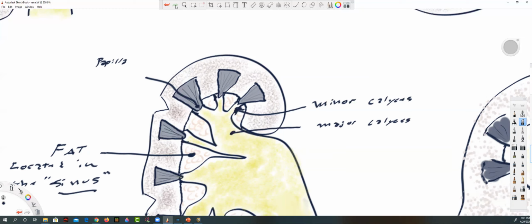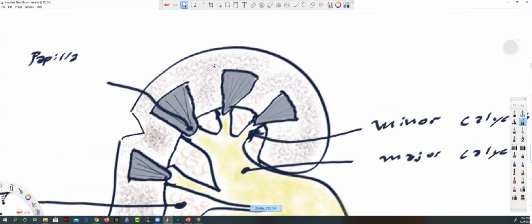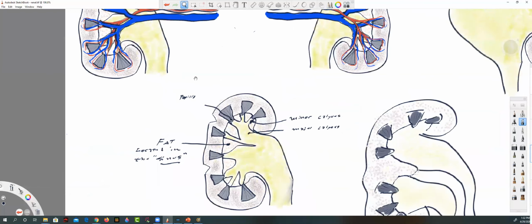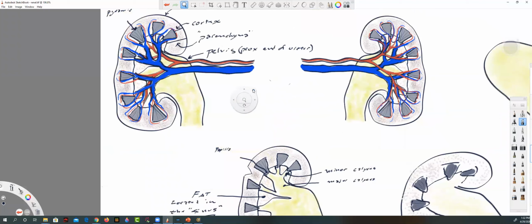Let's see, what else have we had? The ureter itself. Okay. I've made this ureter awfully fat.